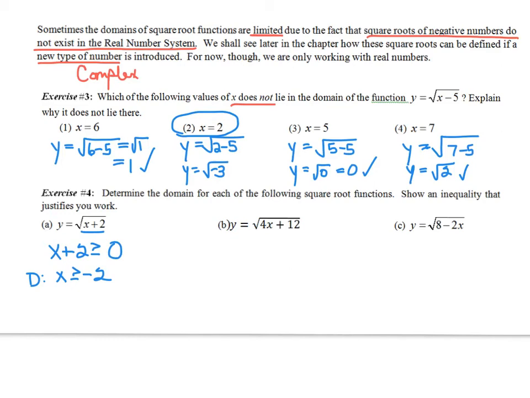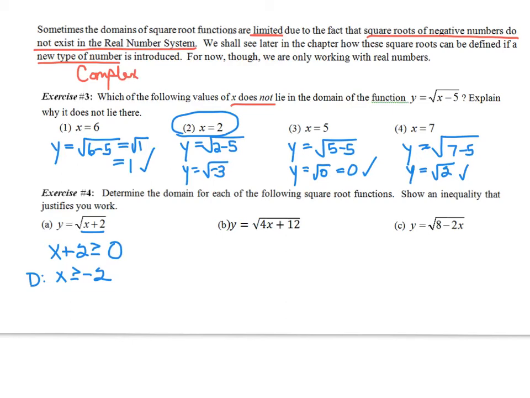I can test it out. Pick a few numbers bigger than negative 2. For example, negative 1. The square root of negative 1 plus 2 gives me the square root of 1, and that is a real number, so I'm A-OK. But if I choose a number smaller than negative 2, so negative 5, for example, the square root of negative 5 plus 2, that gives me a negative number under a radical.